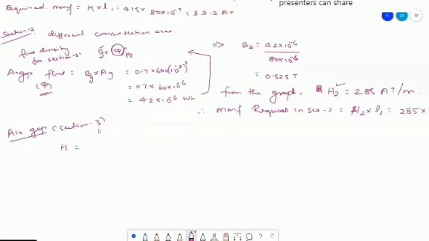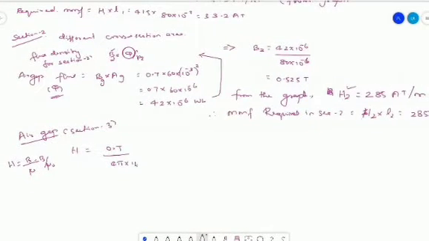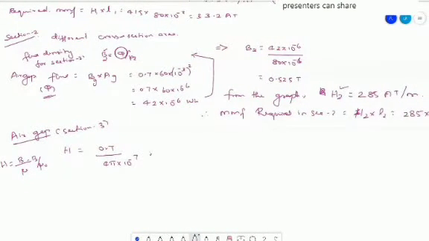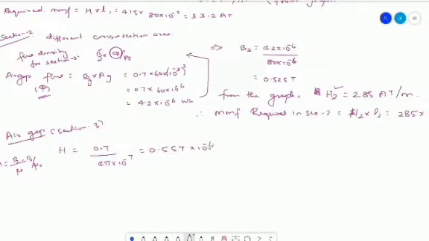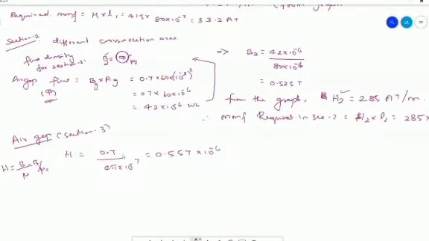In the air gap, flux density is given to be 0.7 Tesla, and H is equal to B by μ. Here μ is equal to μ naught. So it is B divided by μ naught. So 0.7 divided by 4π into 10 to the power minus 7. So you'll be getting around 0.557 into 10 to the power 6 ampere turns per meter.